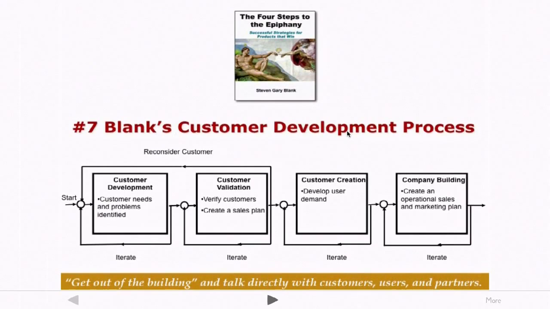Key framework number 7 is Steve Blank's view of the customer development process. This is written about in his book called The 4 Steps to the Epiphany. And so Steve Blank's view is very similar to the view that we're taking in this class, that entrepreneurship is about hypothesis testing and experimentation. The view is that parallel to running product development, you must also run what he calls a customer development process.